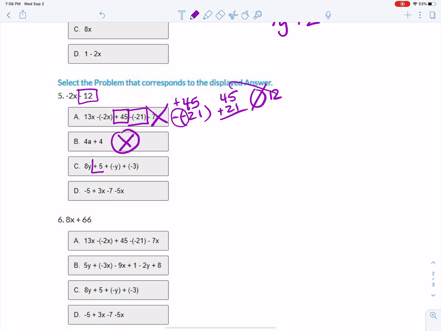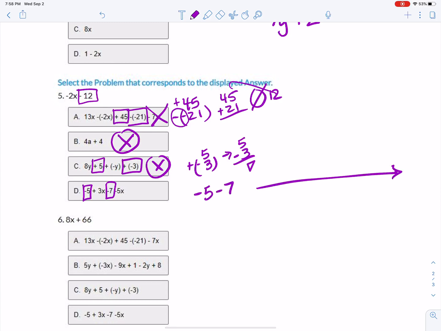This, I'm going to look at the 5. I'm going to look at the negative 3. So 5 plus negative 3. Well, 5 plus negative 3 just means 5 minus 3, which is 2. So that one shouldn't be it. Well, let's just double check. We have a negative 5 minus 7 more.